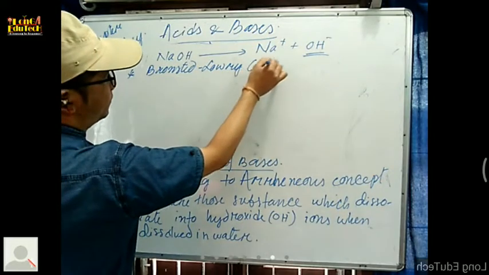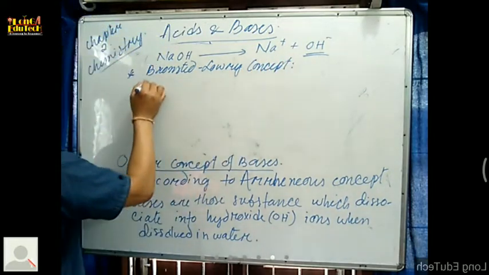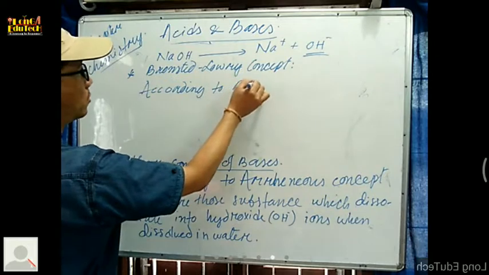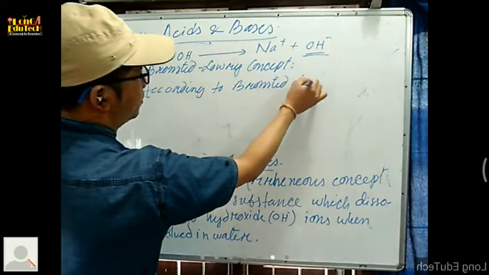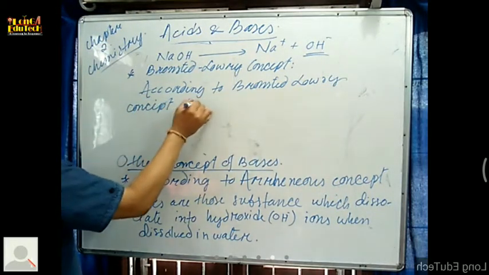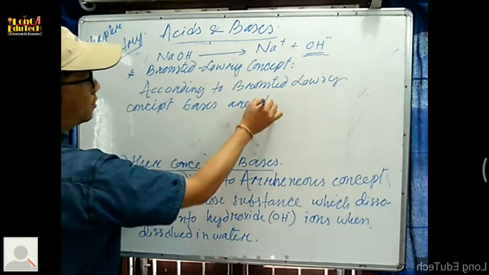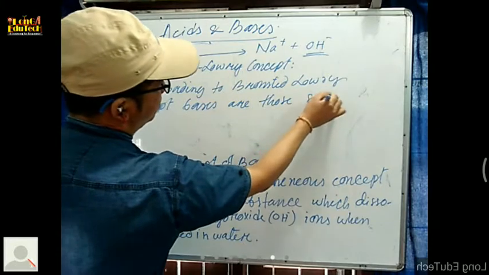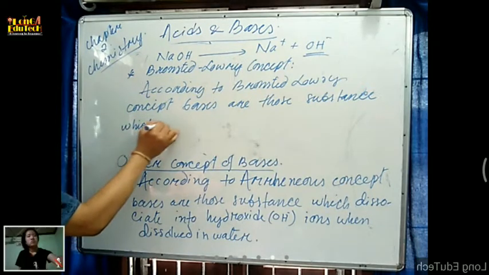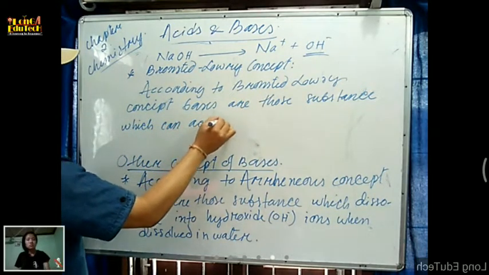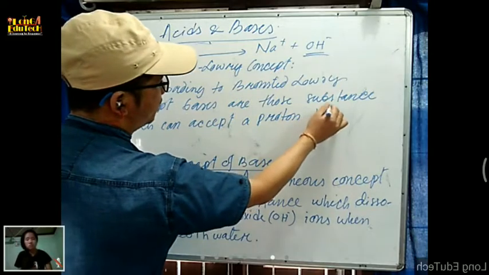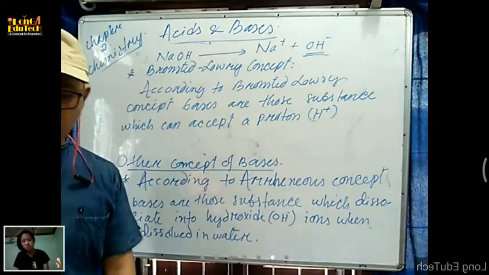According to the Bronsted-Lowry concept, bases are those substances which can accept a proton.